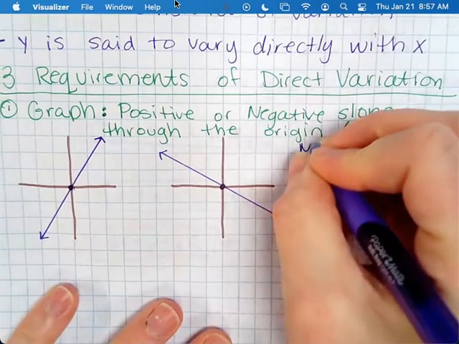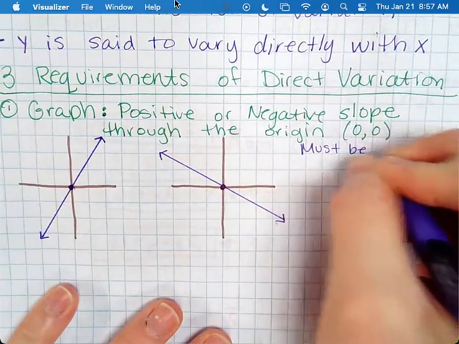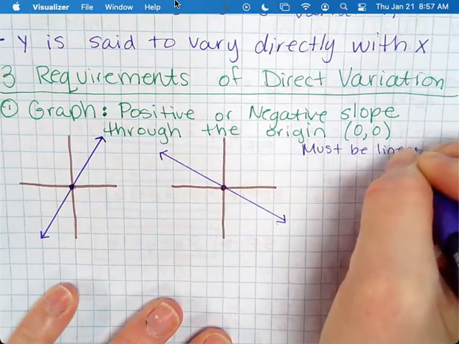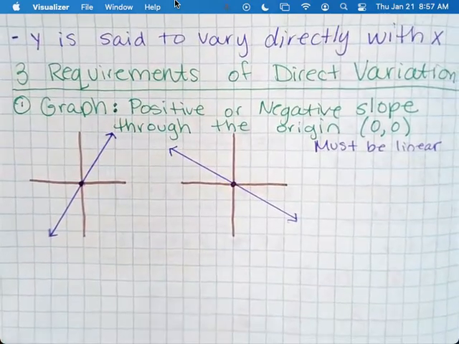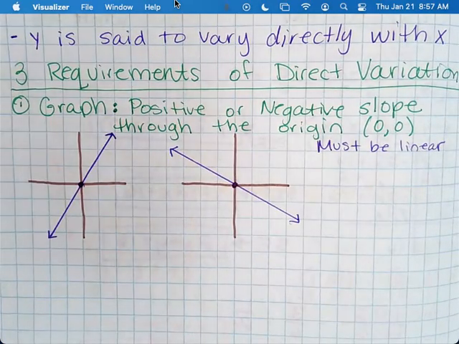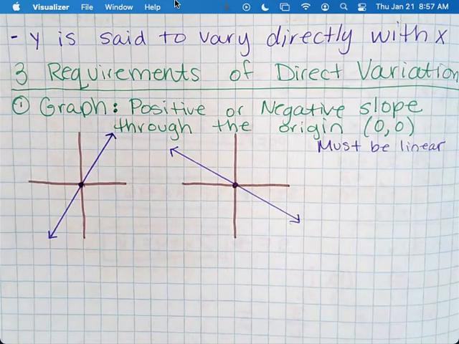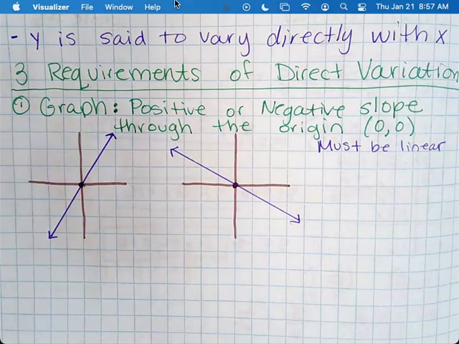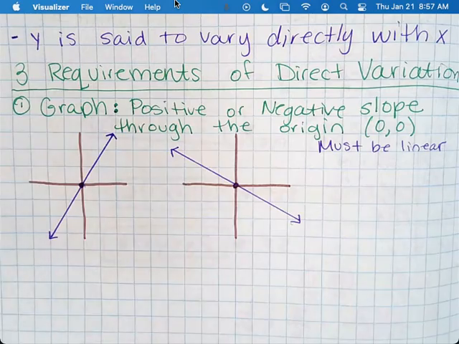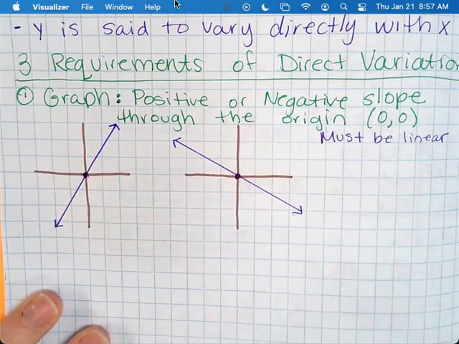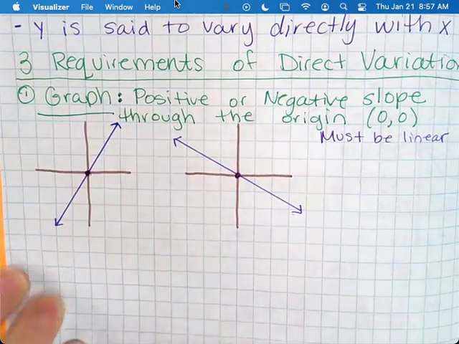And again, it must be linear. So this is dealing with the graph.